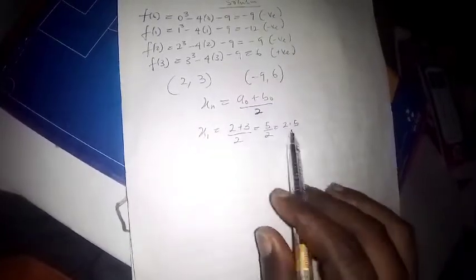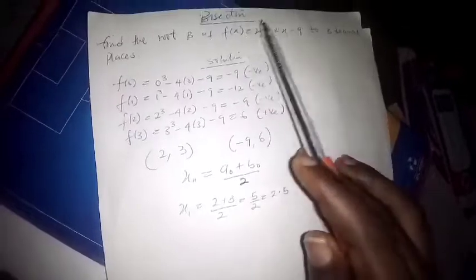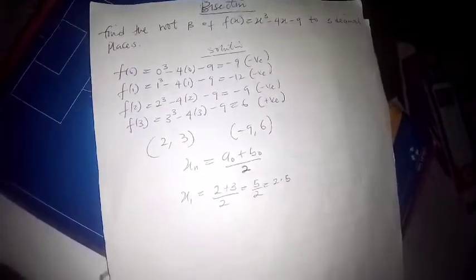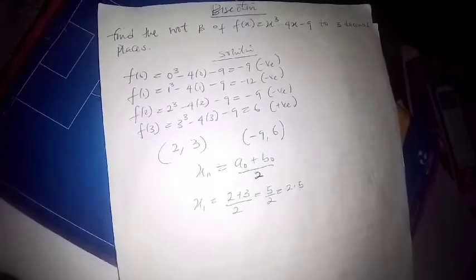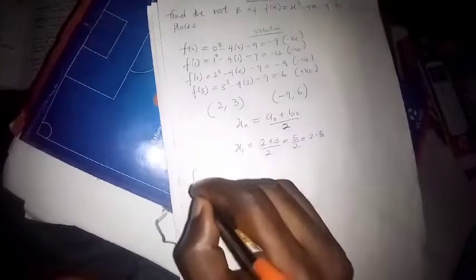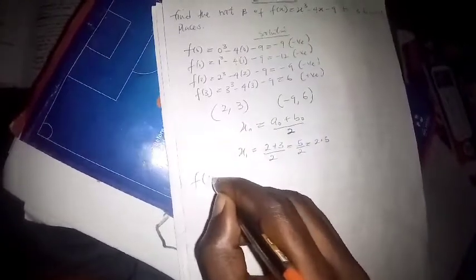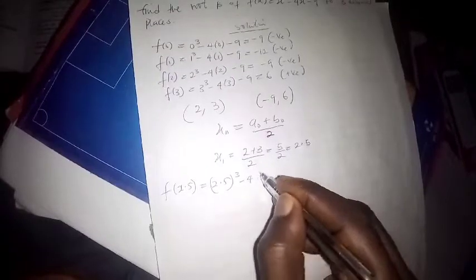What do you do next? Pick this value of x1 and substitute it into your equation, and check where the root lies. Is it positive or negative? Let's test: f(2.5) = 2.5 raised to the power of 3 minus 4 times 2.5 minus 9.